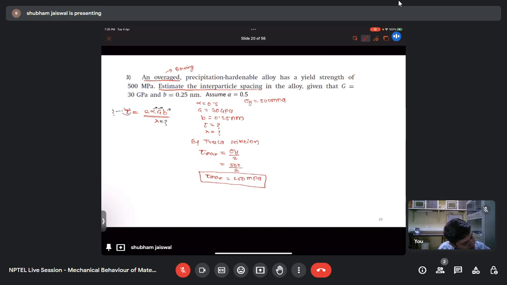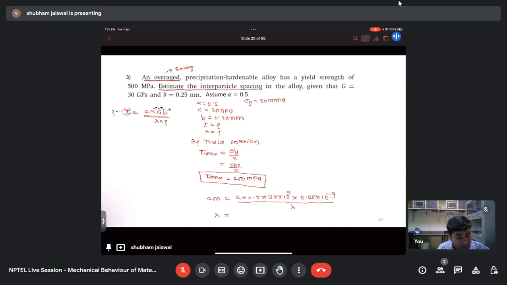So we'll use this equation. 250 equal to 2 into 0.5 into G, which is 30 into 10 to the power 9, into 0.25 into 10 to the power minus 9, divided by lambda.